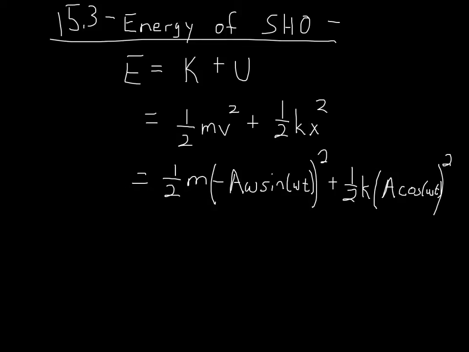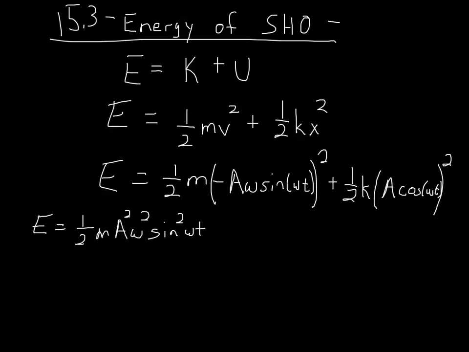So I can multiply this out, and I'm going to find that my energy, E, is equal to 1/2 mass times a squared, omega squared, sine squared of omega t.